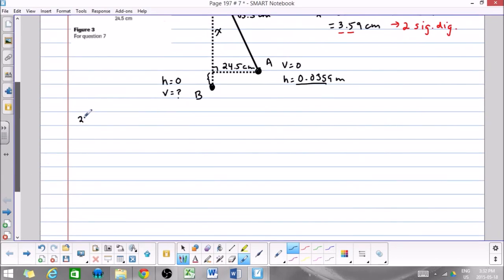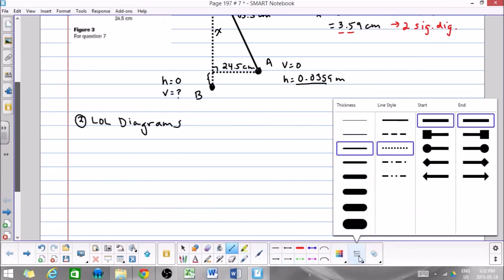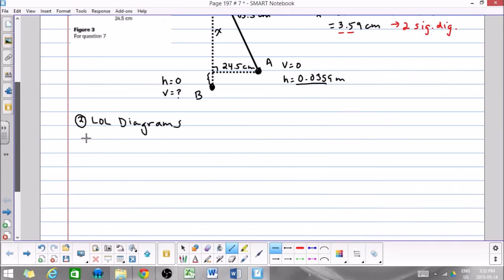Next step is to do our energy bar diagrams, our LOL. Need room for lots of bars.